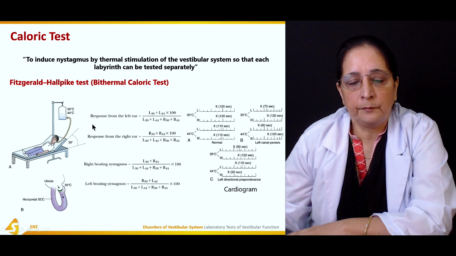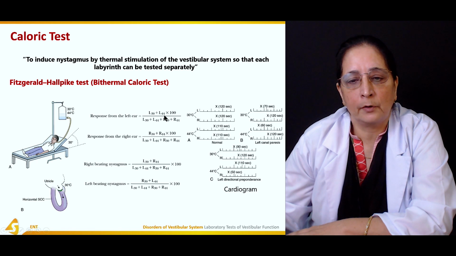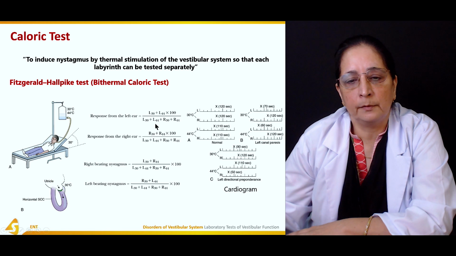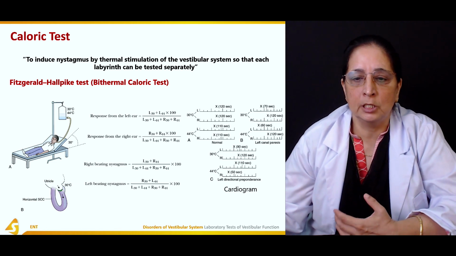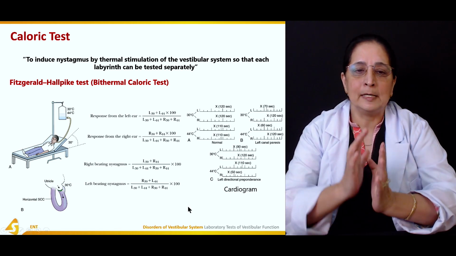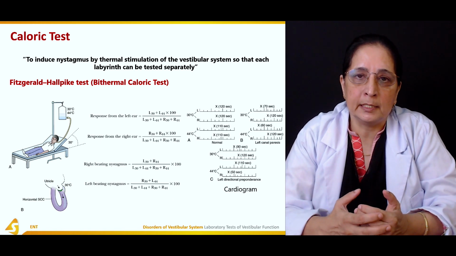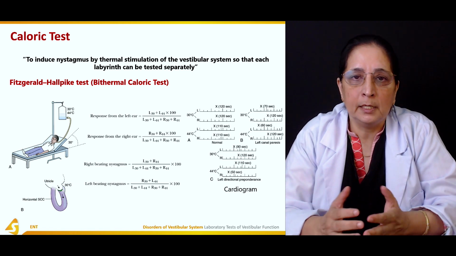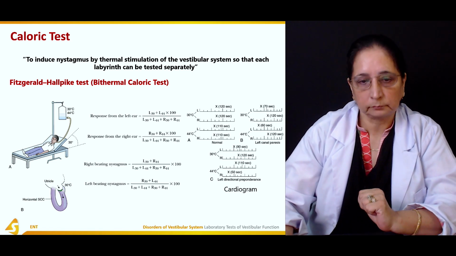So the response from the left ear: left 30 plus left 44, times 100, over left 30 plus left 44 plus right 30 plus right 44. These are the different calculations performed. So the caloric test is mainly to induce nystagmus by using 2 different temperatures, and both ears can be tested.